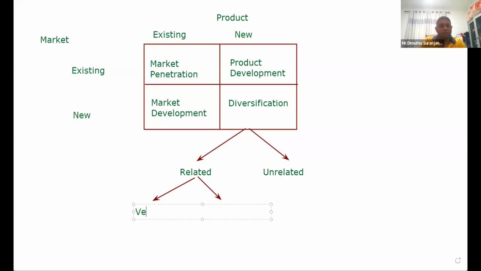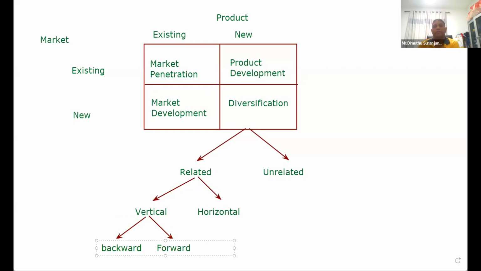Vertical is divided into 2: backward integration and the other one, forward integration.